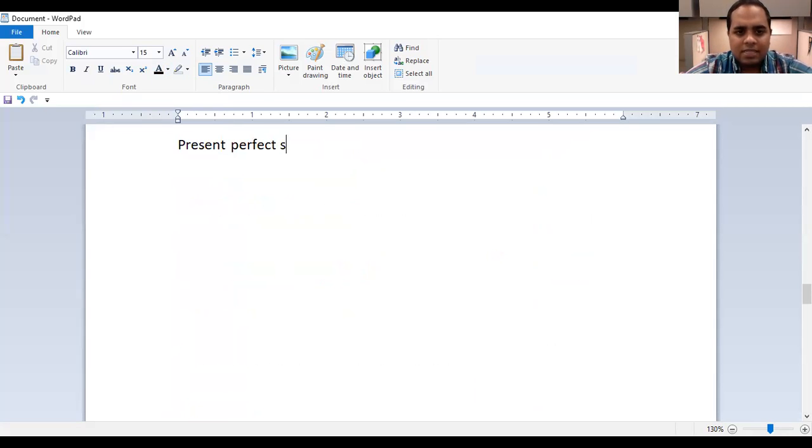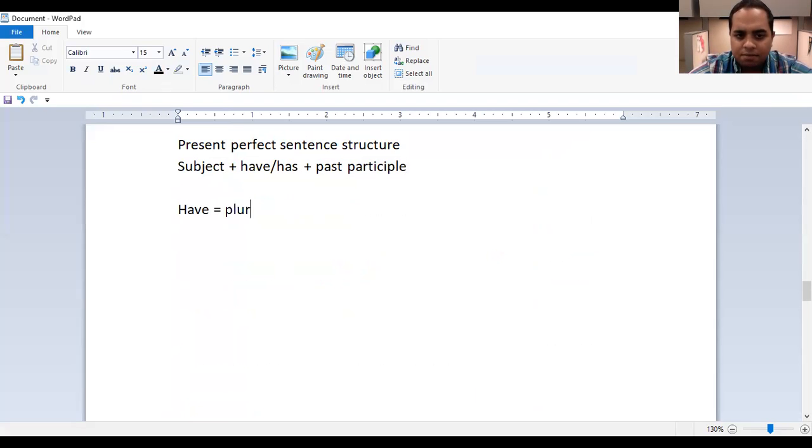Present perfect sentence structure. Okay. It's normally subject plus have or has plus past participle. Okay. If the subject is plural, we use "have." If the subject is singular, we use "has." Okay. Danny has taught English.